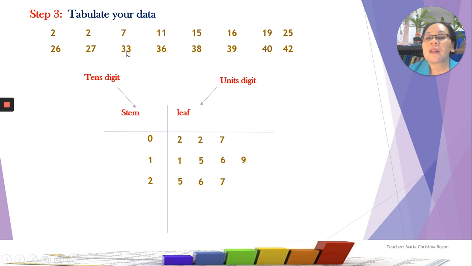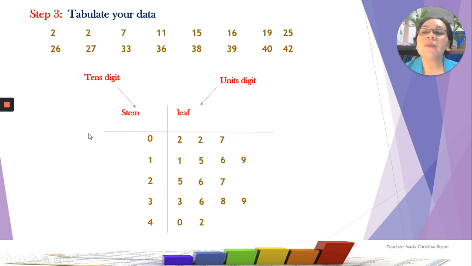So the tens digit is 3, so that's why we have 3 here. And then you just write the units digit of each number on this side here. And then continue that with 40 and 42, so you have 4, and that's 0 and 2.